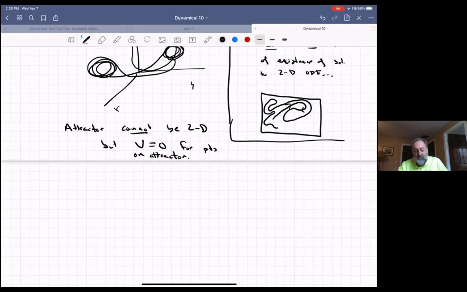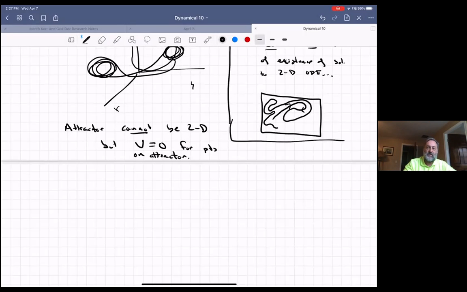So the attractor itself has more dimensions than two, but it has less dimensions than three. In order for a set of points to have a volume, those points must lie in three dimensions, or put another way, in order for a set of points to have three dimensions, those points must span out a volume, right?